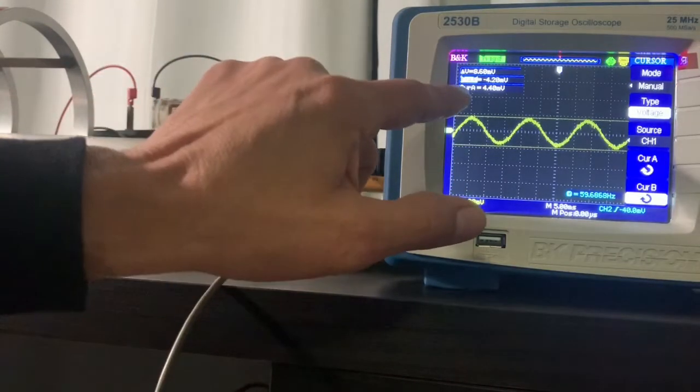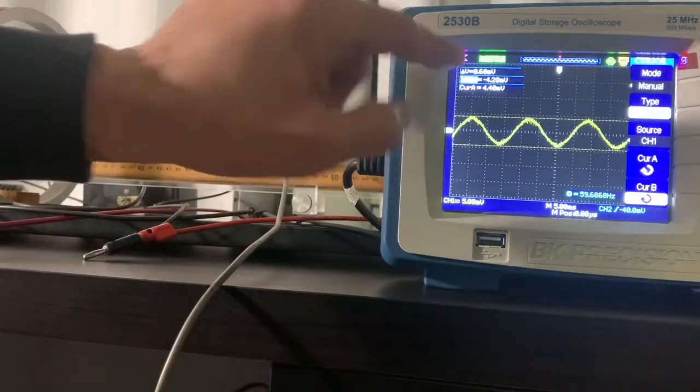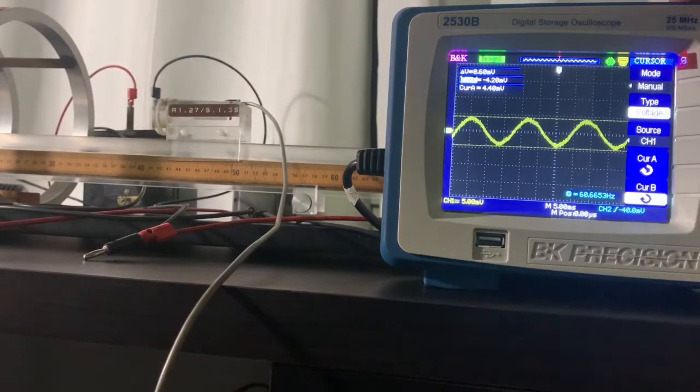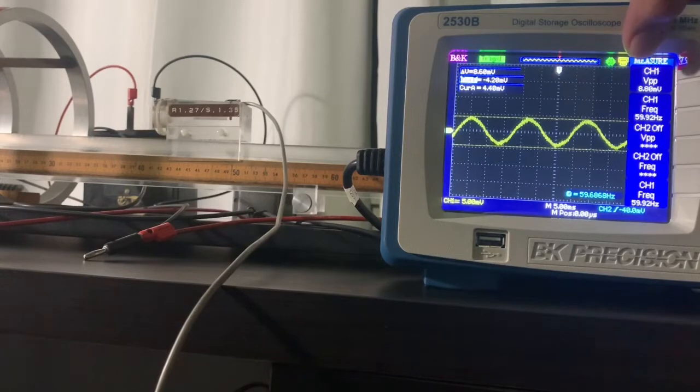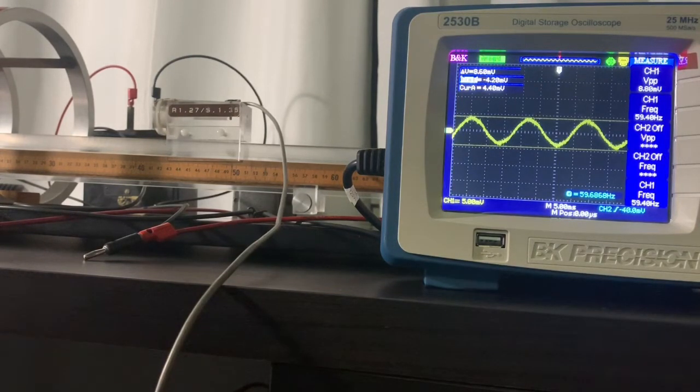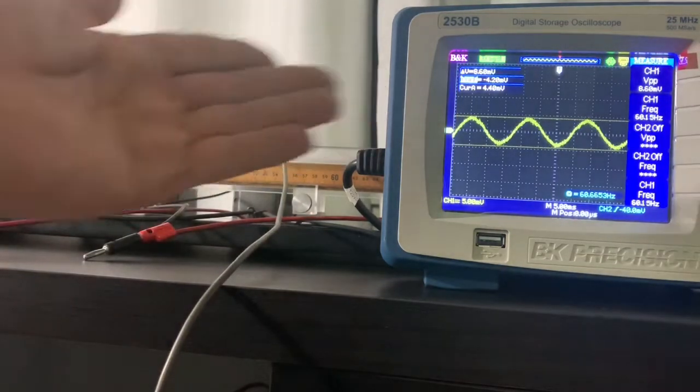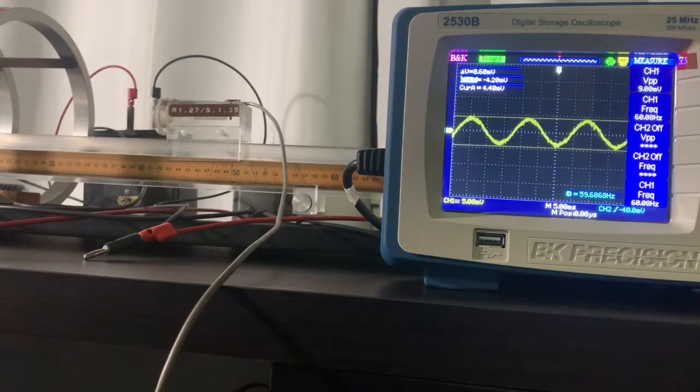According to those cursors, my delta V is 8.6 millivolts, and the V peak to peak reading is 8.8, 8.6. It's fluctuating a bit because it is picking up a little bit of noise, but you can see now how we can just rely on this reading and not have to mess with the cursors every time we move this along the scale. I wouldn't mind doing that, but we'd be here for hours because I'm shooting for like 20 different data points.